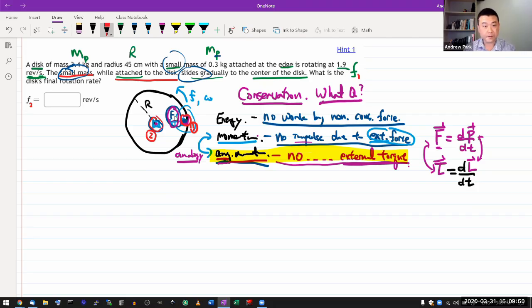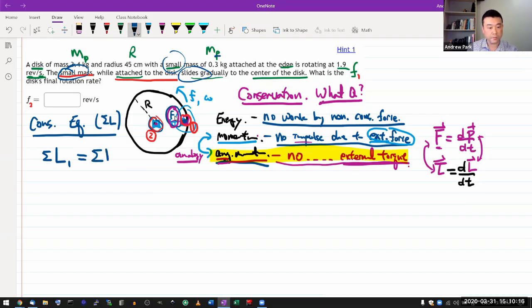Finally, my third step is to write down the conservation law equation. Here, I'm going to use conservation of the total angular momentum. By the way, for this question, the vector property doesn't really matter, so let me use that. What I'm saying is that the total angular momentum in snapshot 1 is equal to the total angular momentum in snapshot 2.